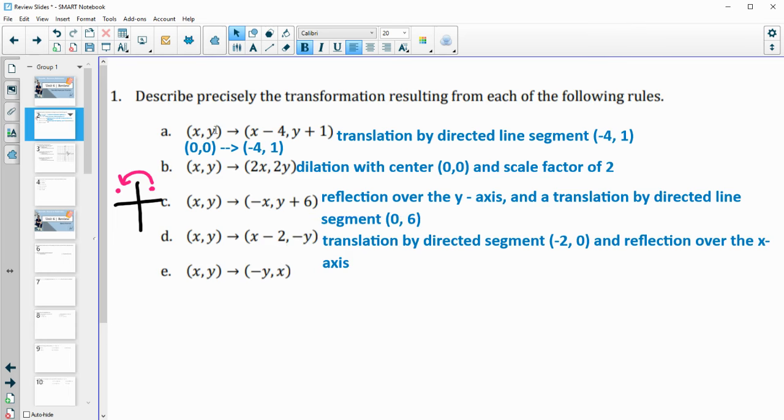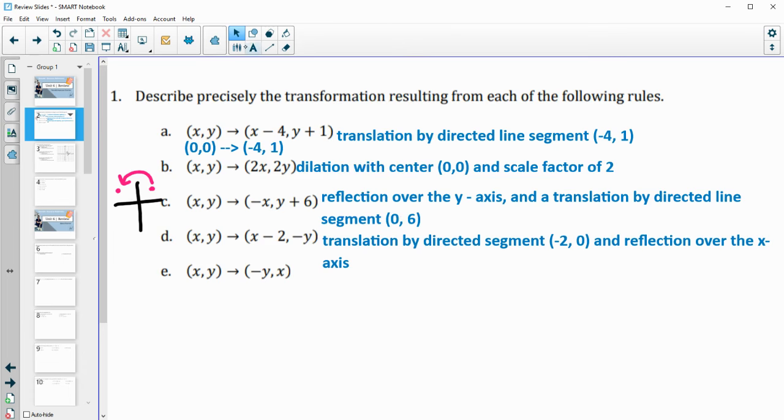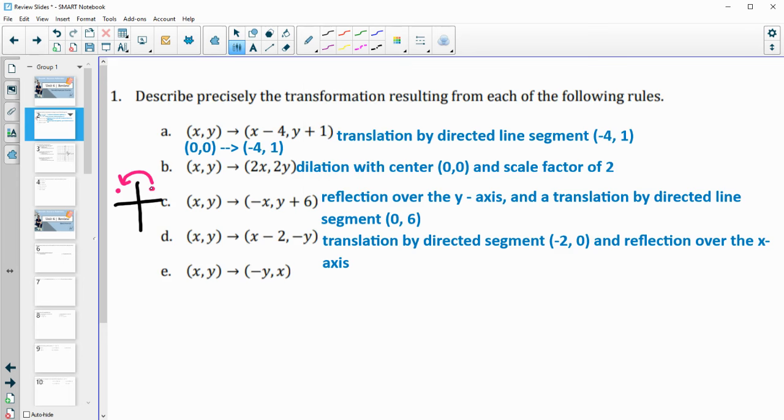Again, this has a similar idea to this, where now our y coordinates are opposite. So if we had this y value here of like 2, now it's going to be down at -2. So this negative is flipping over the x-axis.